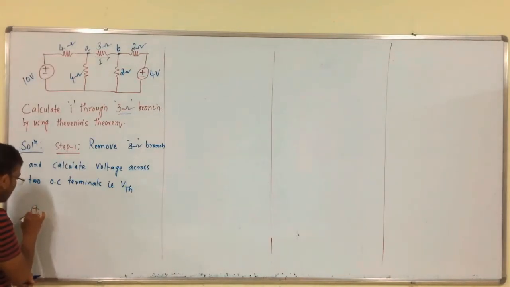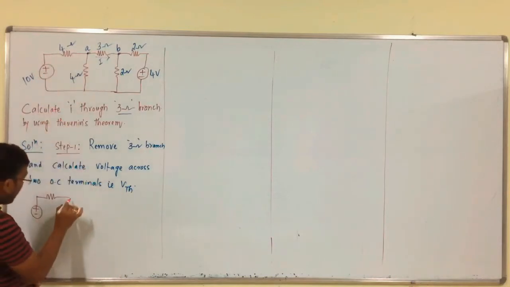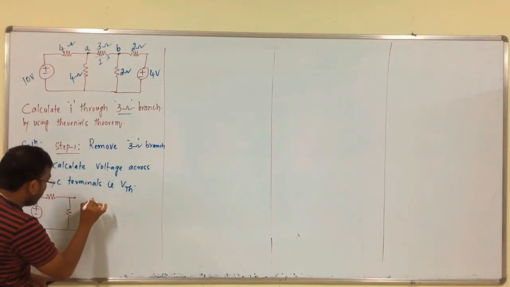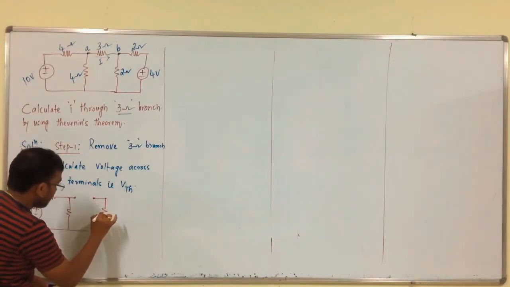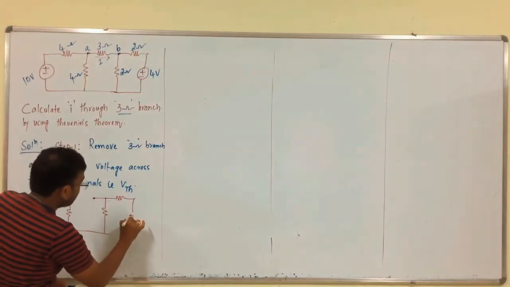this is the given voltage source, and this is the given resistance 4 ohm, and this is also 4 ohm. We have to open circuit this, and we have plus minus.